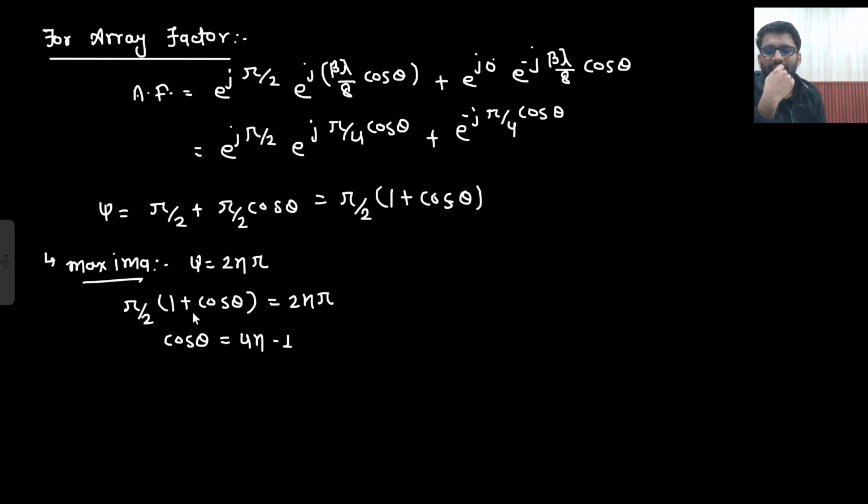Right? 1 plus cos theta, pi and pi get cancelled, 4n minus 1. If you put n equals 0, what I am getting? Cos theta equals minus 1. If you put n equals 1, not acceptable, because you will get 3. If you put n equals minus 1, you will get minus 5. That is also not acceptable. So cos theta equals minus 1. Where do you get it? At pi. So this is the position of maxima.